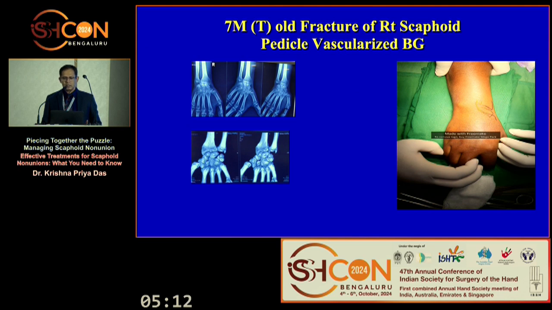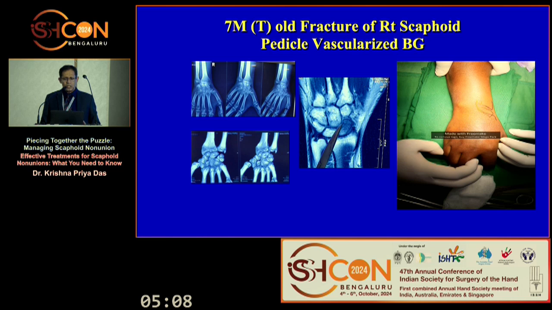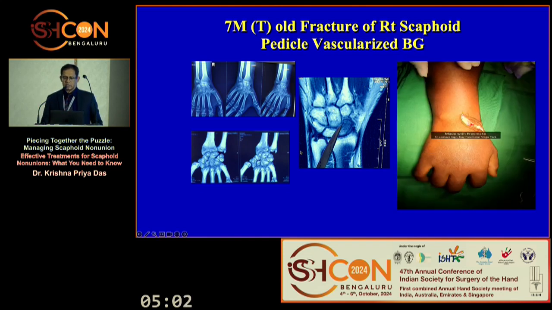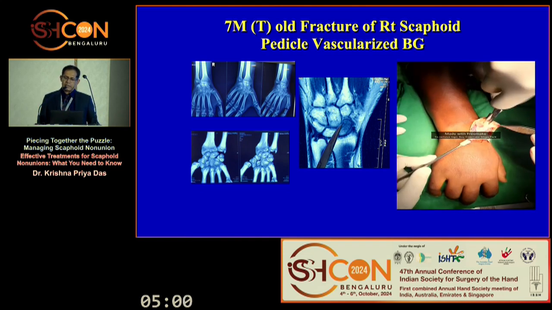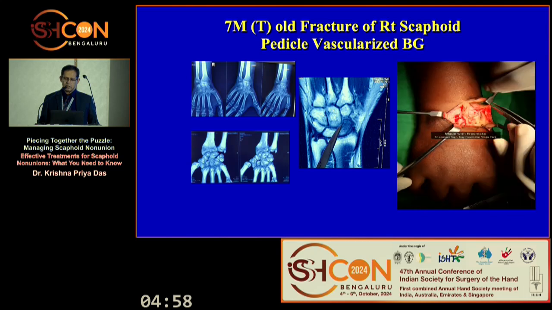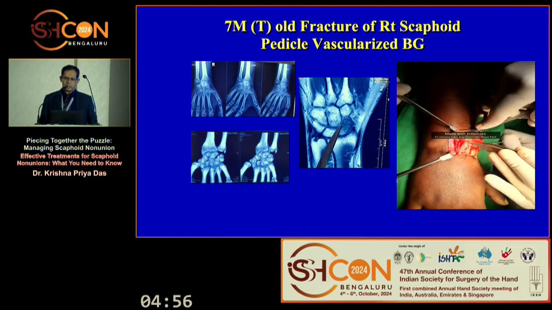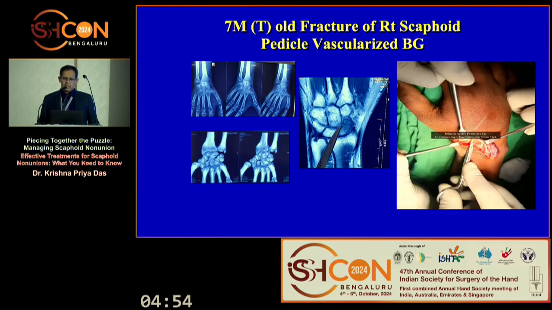This is a 7-month-old fracture of the right scaphoid. There is a non-union of the scaphoid, so we plan for a vascularized pedicle bone graft, because there is a sign of avascular necrosis in the MRI.